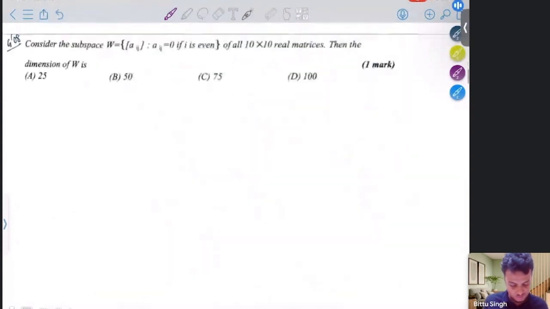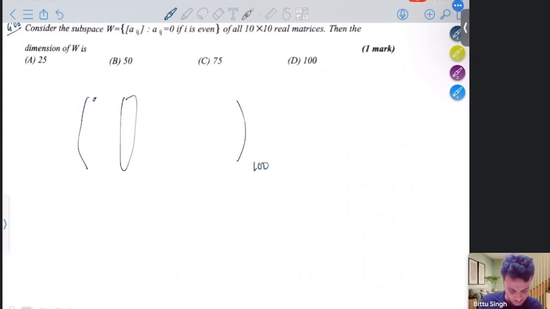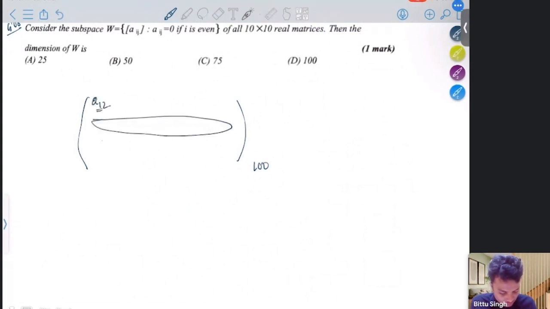Let us solve another question. Here Aij is given by this, the subspace of 10 by 10 matrices. So there are 100 entries, but it is given that even rows are 0. I is even means these even rows are 0.